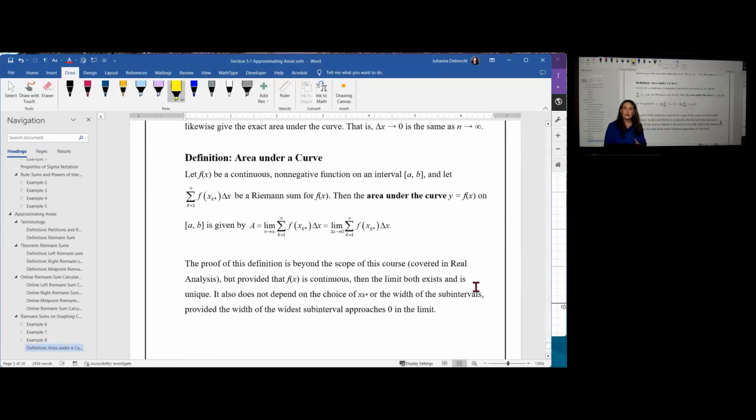What you learn in that course is that, in fact, it doesn't need to be a regular partition. All the widths can be different as long as the widest one, called the mesh, goes to 0 as you take the limit. In other words, all the widths have to approach 0. When you do that, you'll find that the limit of the Riemann sum gives you exactly the area under the curve.